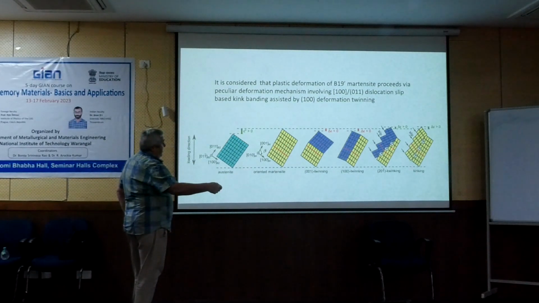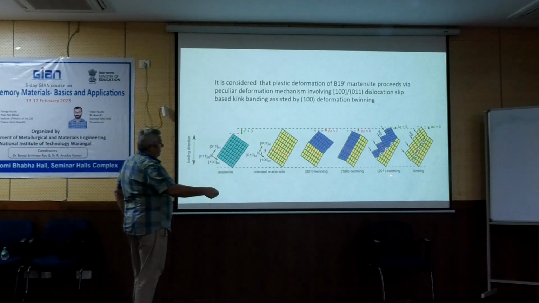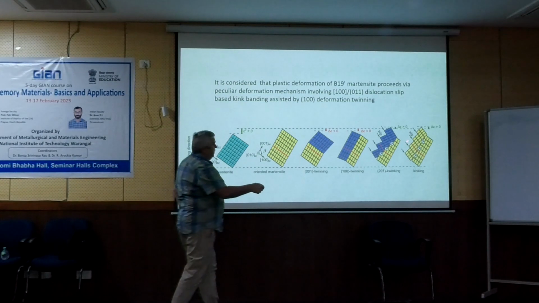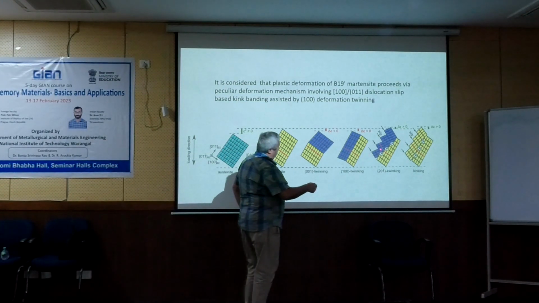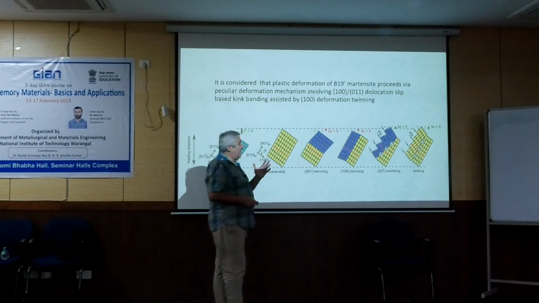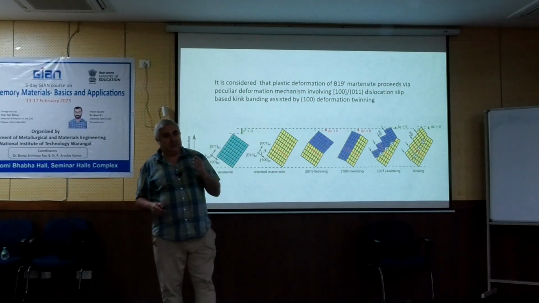According to this scheme, the only way how to deform this material further is this combination which we call twinning and kinking, so we call it quinking, and it produces the expansion. You can do the same thing even without the twinning, then it would be just some plane and quinking.